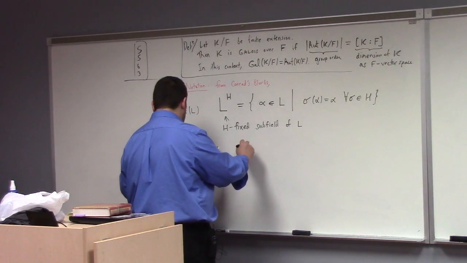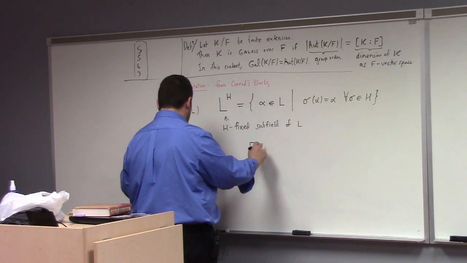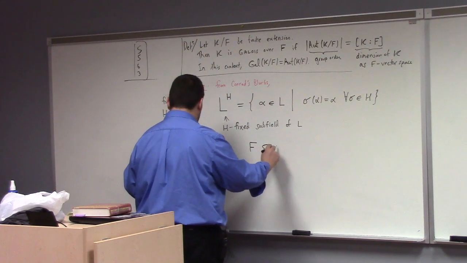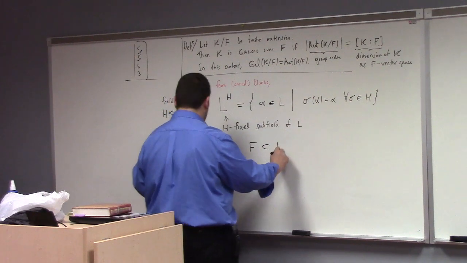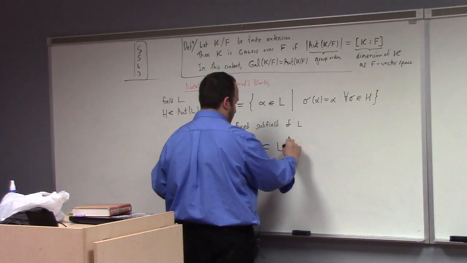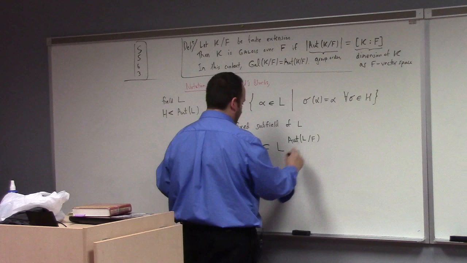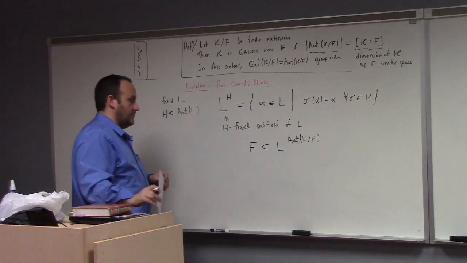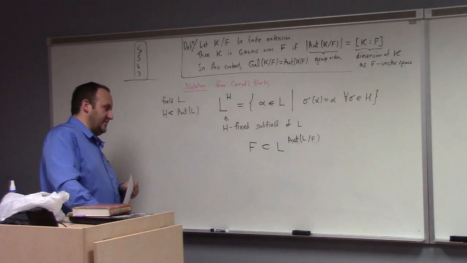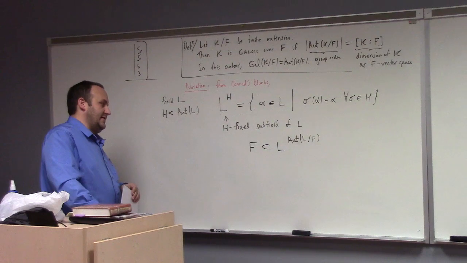And so Conrad makes a couple of observations. One is that if we have a subfield F of L, then F is a subset of the fixed field of the automorphisms Aut L over F, the set of F-fixing automorphisms.